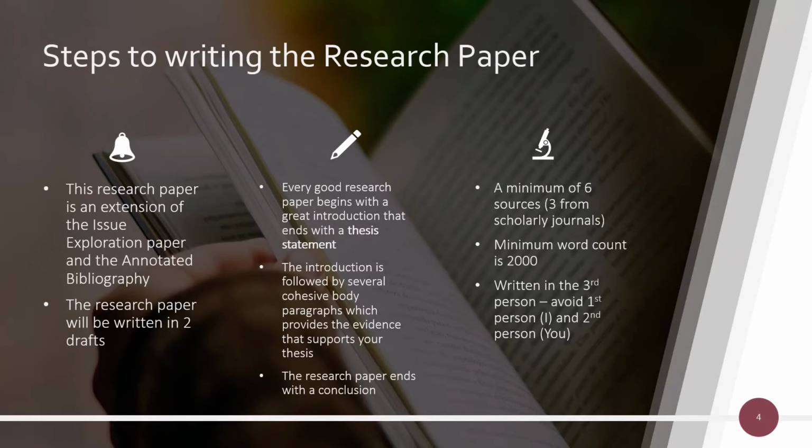So if you master the 5-paragraph essay, which all of you have by virtue of you being in this course, then a research paper is just a longer 5-paragraph essay with a whole lot more paragraphs, and it is substantiated through scholarly evidence. So then after that introduction comes cohesive body paragraphs, which provide the evidence that supports your claim. And then, as all great papers do, this paper ends with a conclusion.